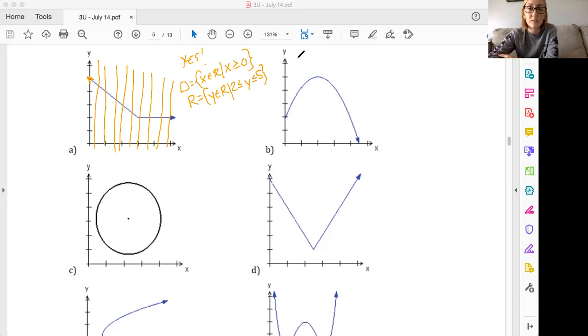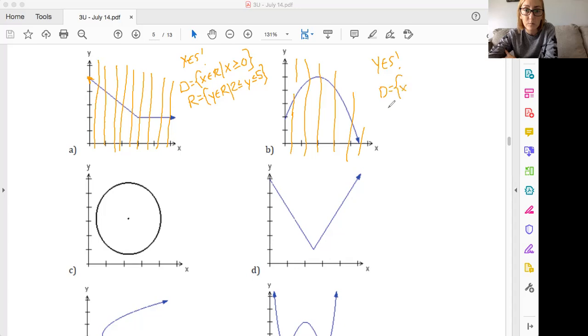We're going to look at B. So you do the same thing, the vertical line test. So you do invisible lines. It only touches the graph once, so it is a function. Our domain for this guy is the same thing as the other one because there's no arrow here that tells us it's going into the negatives. So that means that it has to be greater or equal to 0.